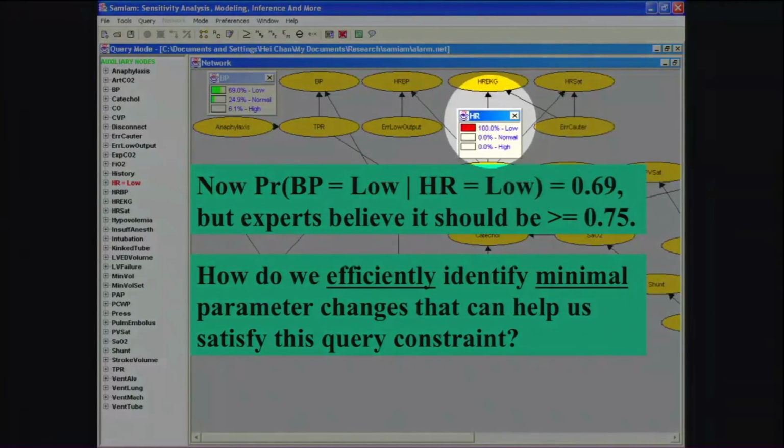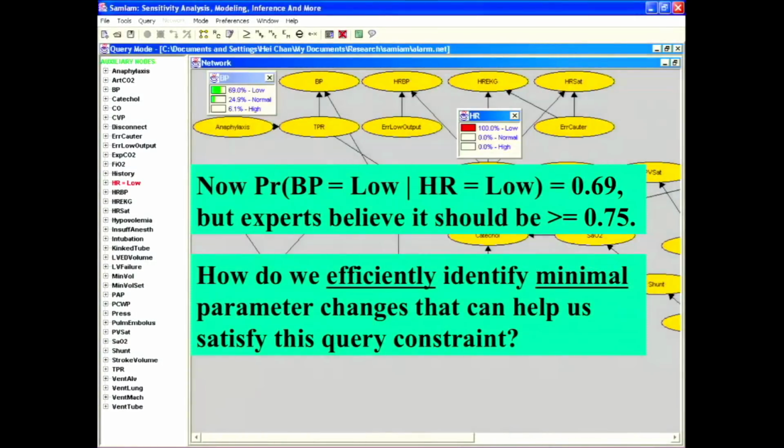We set evidence on this variable, we computed the posterior on that, it turns out to be 69%, and someone says, no, I want it to be at least 75%. And what I want to do is identify parameter changes or minimal parameter changes that will do this. And the focus here is doing a single parameter change, right? So we'll talk about multiple parameter changes briefly towards the end.